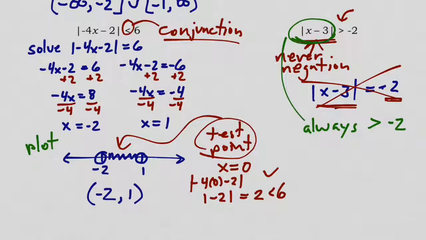We have this nice linear expression inside the absolute value. What comes out of that absolute value is always going to be positive, or possibly equal to 0, but never negative. So every real number is going to be a solution to the inequality, and we can describe this in interval notation as (-∞, ∞). Of course, we put parentheses on both sides because we never get to infinity.